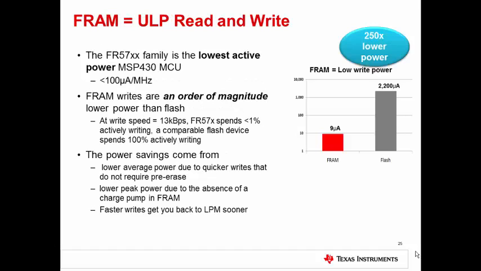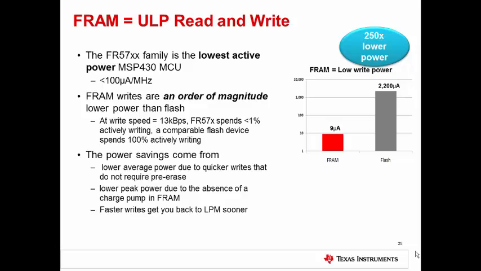MSP430 microcontrollers with FRAM, such as the FR57XX or the FR59XX, can achieve active powers lower than 100 microamps per megahertz. The savings are even higher if we consider memory write operations.